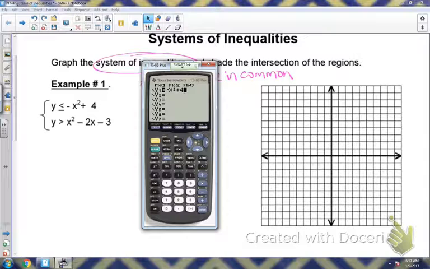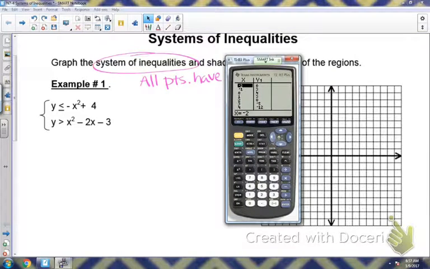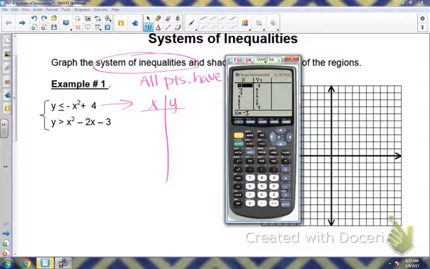And then I'm going to go ahead and go to the table, second graph, and I'm going to make a table on my paper so that I can plot those points, or you can just look at the calculator and plot them. So negative 3, negative 5, negative 2, 0, negative 1, 3, 0, 4, 1, 3, 2, 0, and 3, negative 5.